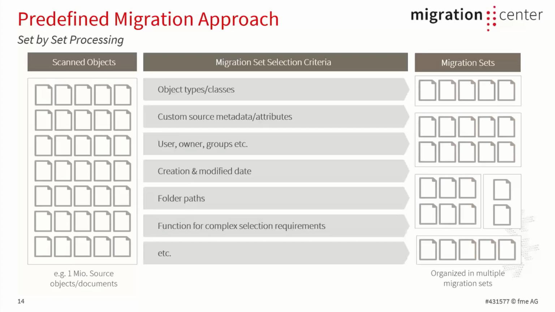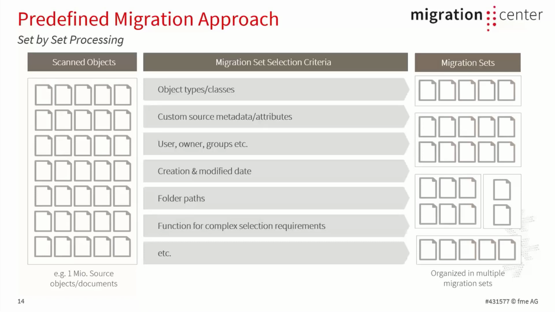It's basically a scope of documents which have something in common, right? For example, they share the attributes. They are all from the marketing department, or they are all not modified in the last 10 years. Or one mix set can go into an archive system, and the other mix set is going to OnBase, the active system.